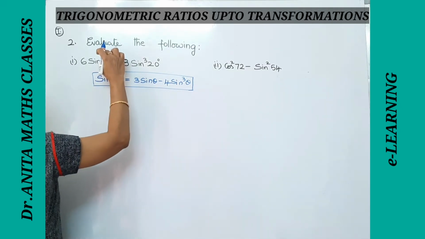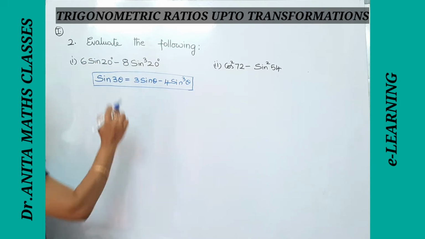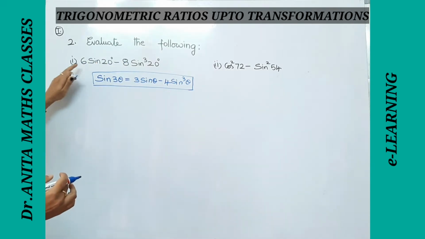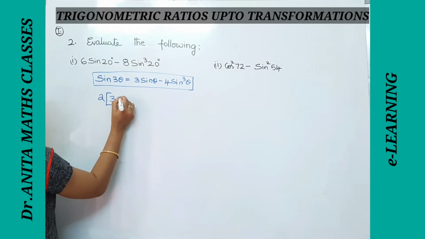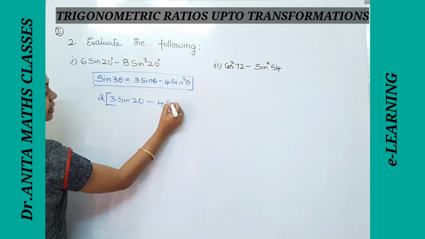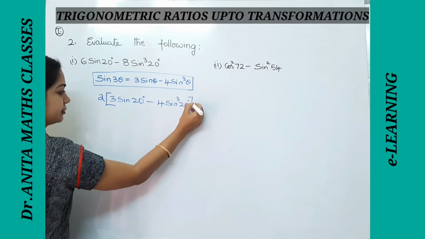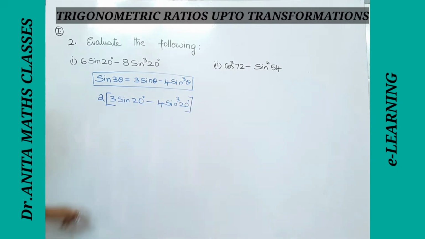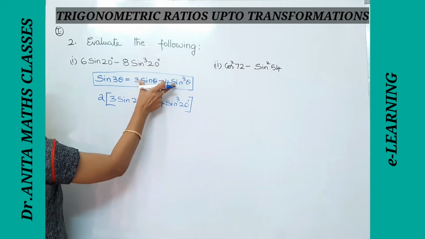Now here, I'll suppose theta as 20 degrees. And if you see here 6 and 8, I can take 2 common. If I take 2 common, you get 3 sine 20 degrees minus 4 sine cube 20 degrees. So this is clearly in this form where theta is 20 degrees.